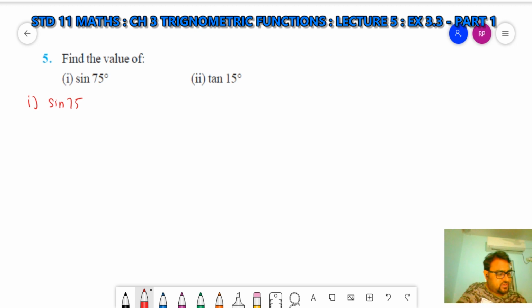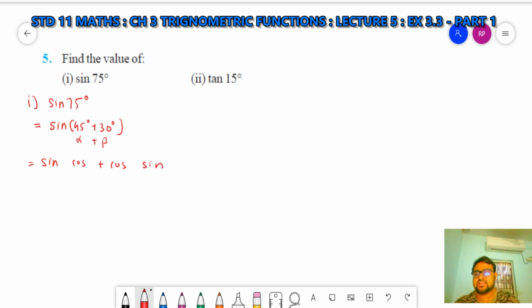Now see here, sine 75. I will express this angle 75 degree in the form of the sum of two angles. Here I can write down 75 as 45 degree plus 30 degree. So this is nothing but sine alpha plus beta, which is sine cos plus cos sine. In sine, the sign between both these angles remains the same.